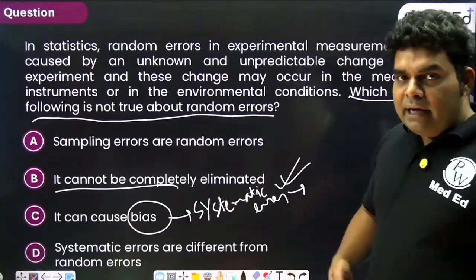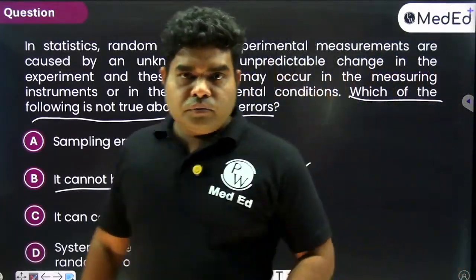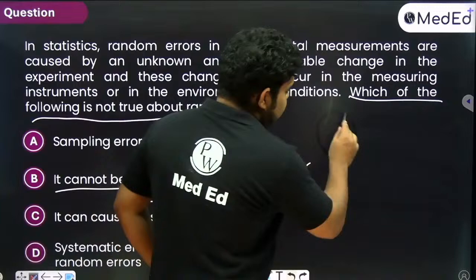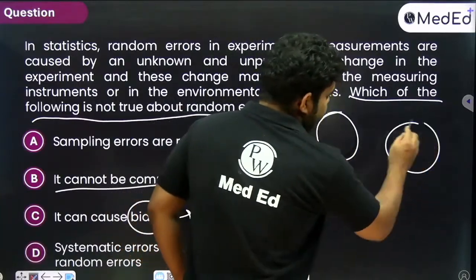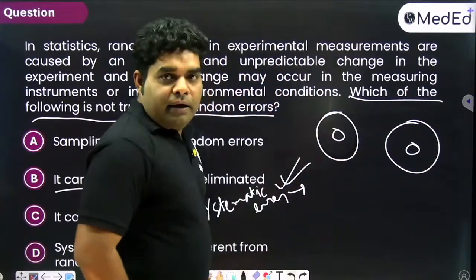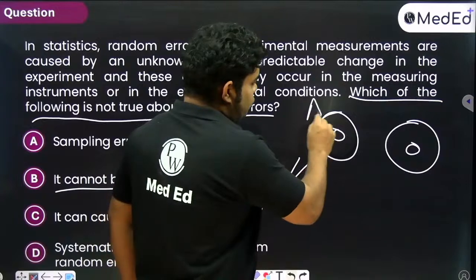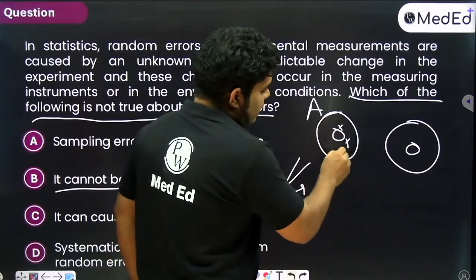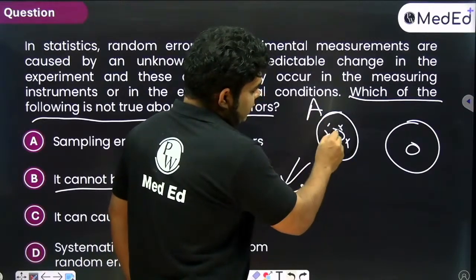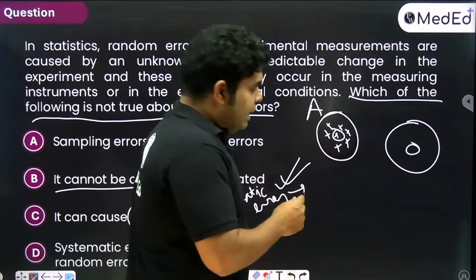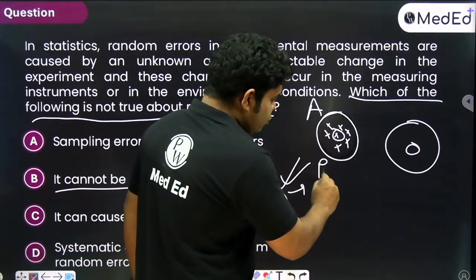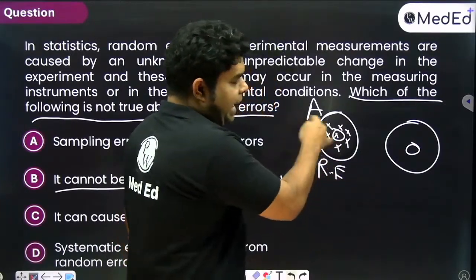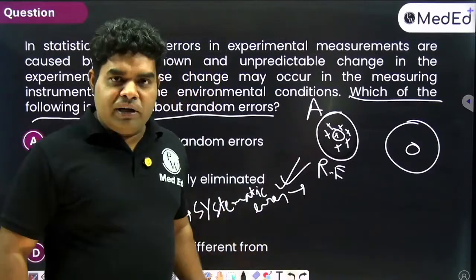Like, for example, there is this dart with this bullseye, central line. And suppose someone A is throwing the dart, and every time he throws the dart, it hits somewhere close to the target. So this time, A is doing random error. This is some natural fluctuation which can never be removed. This is random error.